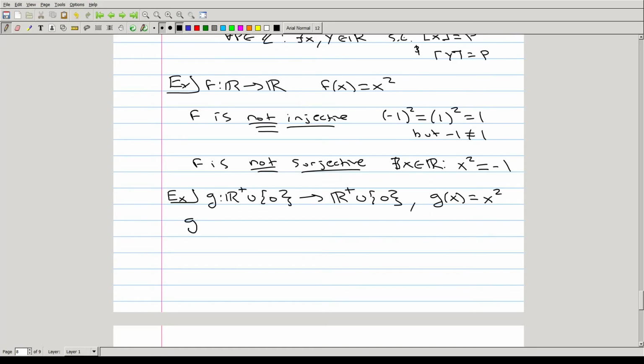This function g is both injective and surjective.